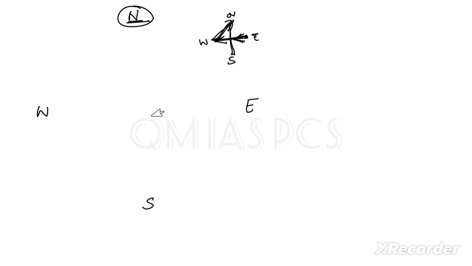Fine. And now if this is east, this is north, this direction is what? This direction will be called northeast. This direction will be known as northwest. This direction will be called southwest.